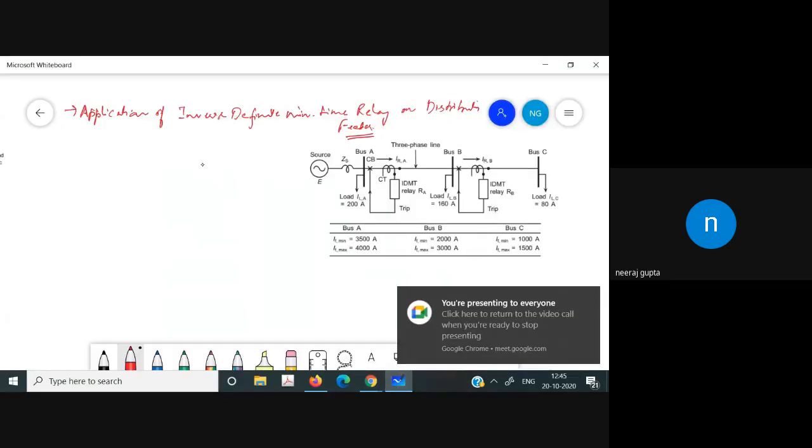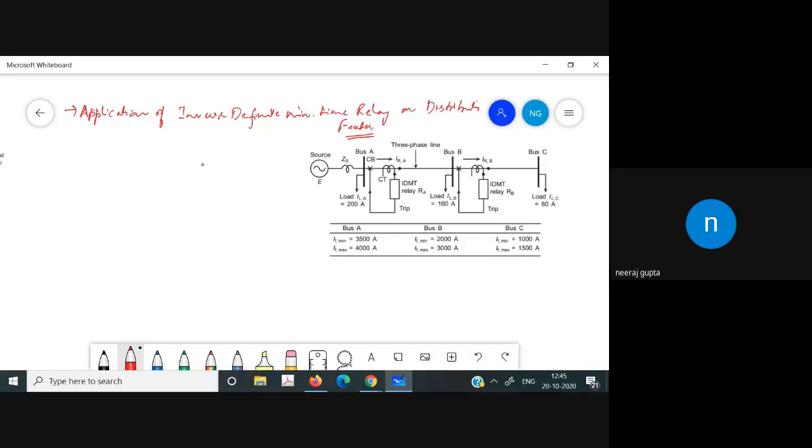Some of the formulas that we have already discussed are used in that. First, the turns ratio formula that we use for this setting, that we have discussed previously. That is N2 by N1 equals I1 by I2.